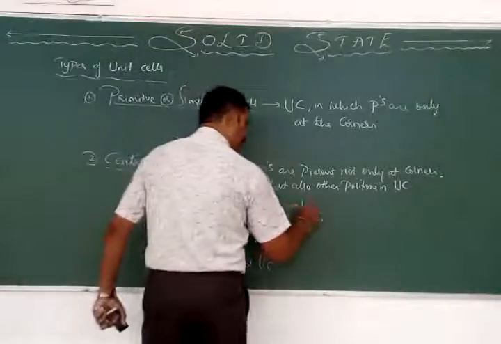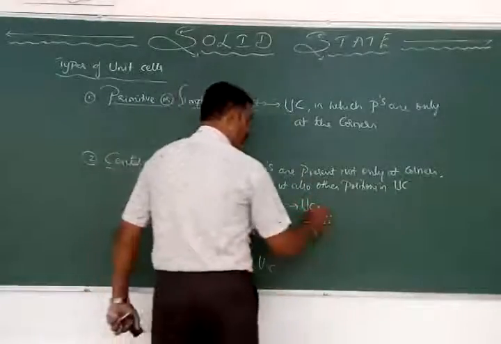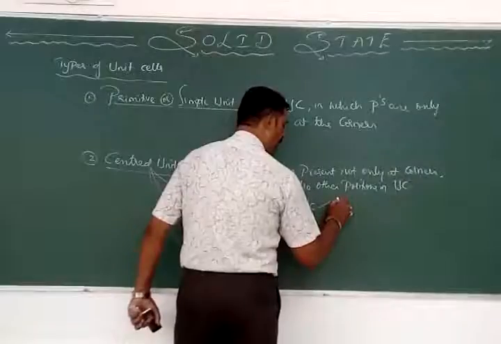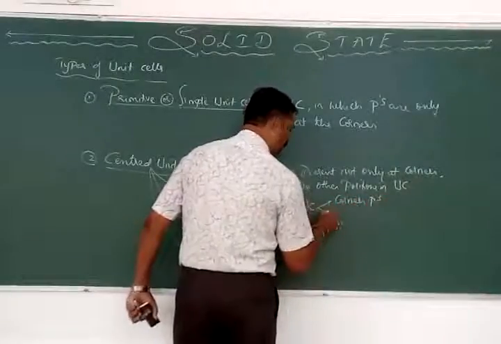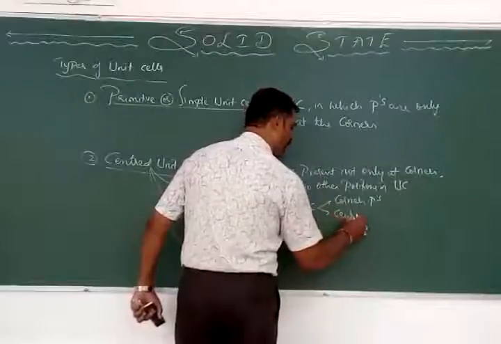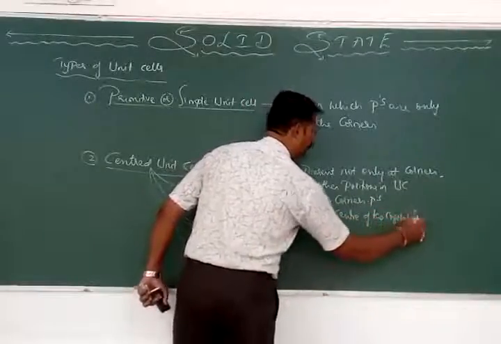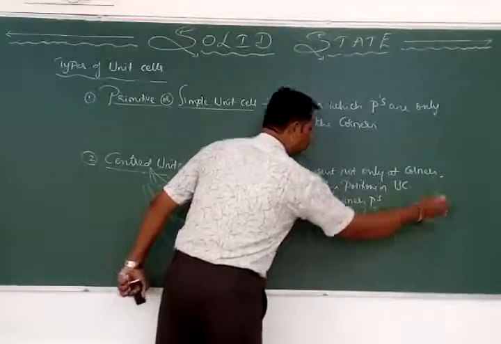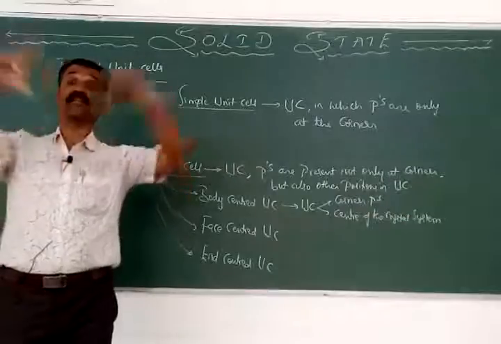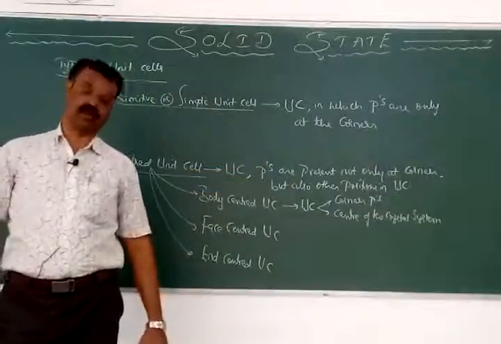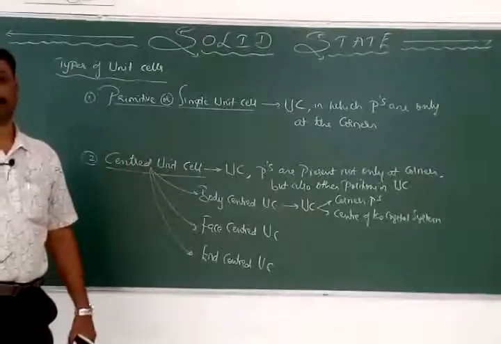The unit cell which contains the corner particles but also a particle exactly at the center of the crystal system, so that it has symmetry in all three dimensions, is called body centered.